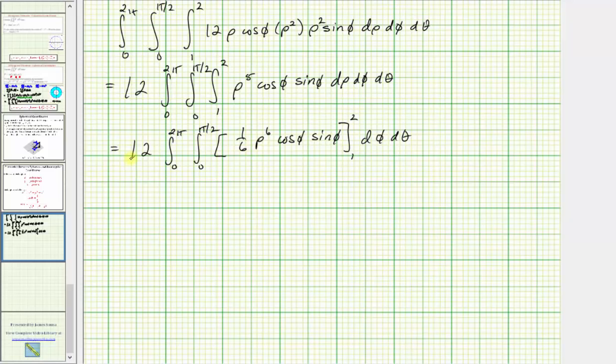Let's go ahead and factor out the 1/6 and then perform substitution for rho. So 12 times 1/6 would be 2. And then we'd have 2 to the 6th cosine phi sine phi minus 1 to the 6th cosine phi sine phi.